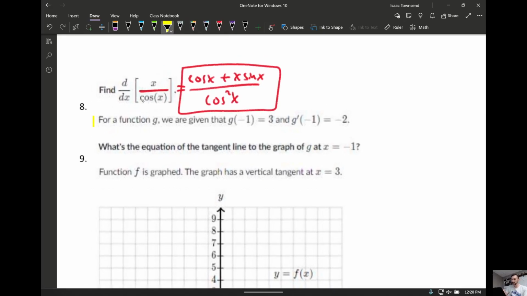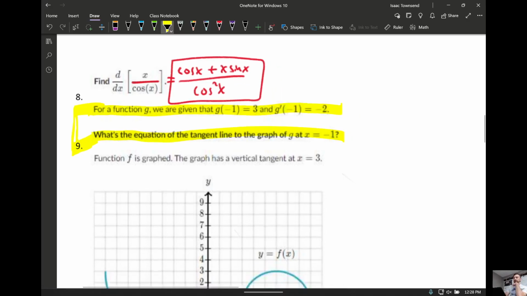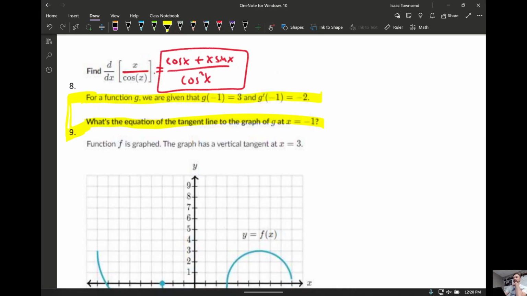Okay, 9 is this stuff. All of this is 9. Some function g, they give us a couple values. What's the equation of the tangent line at g at x equals -1? So, equation of a tangent line. It's come up a lot today. Start off with point slope. The x value is given to you. You need to be told where we want the equation to be.